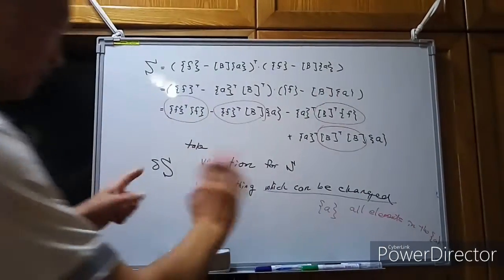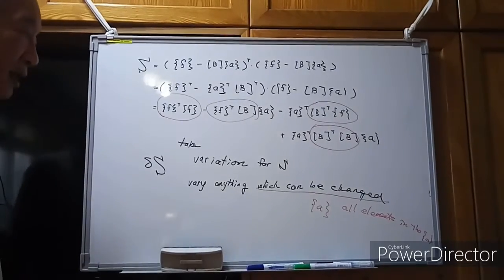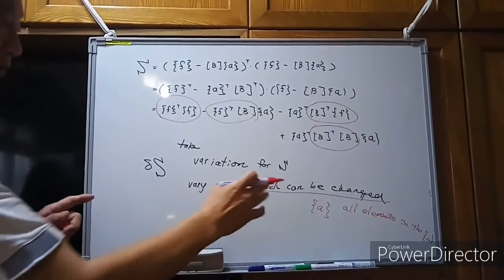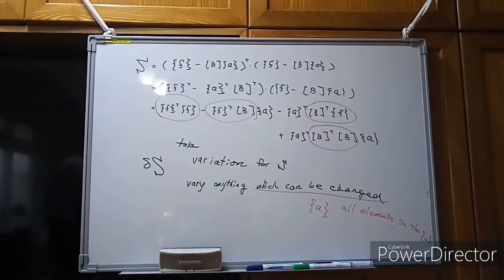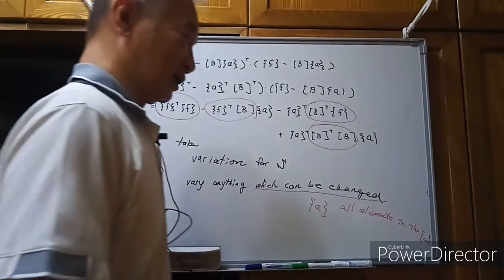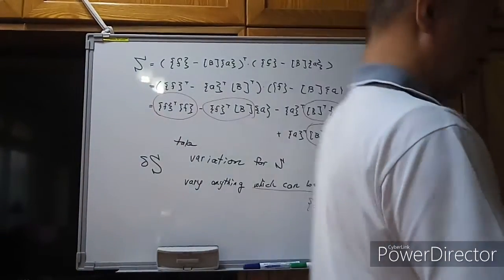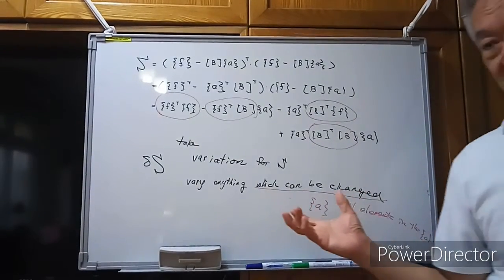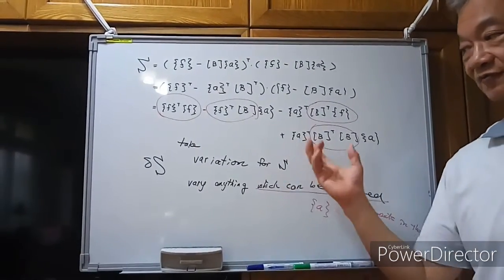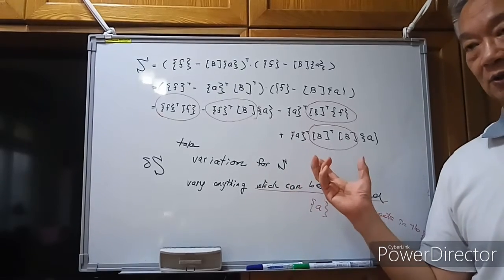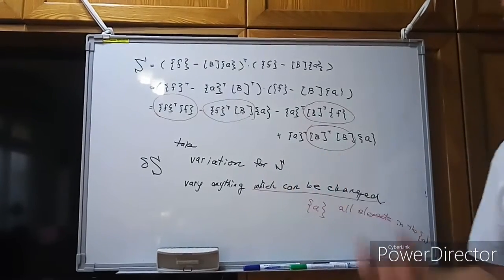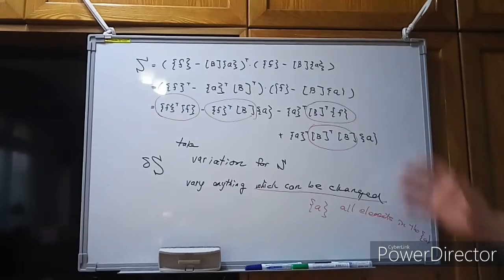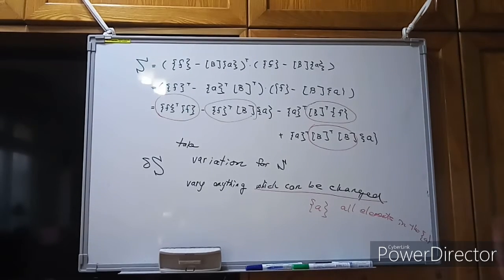Okay, remember all elements in the A vector are the control parameters for this problem, and all the coefficients can be changed. Okay, print the screen. Then I will erase it.